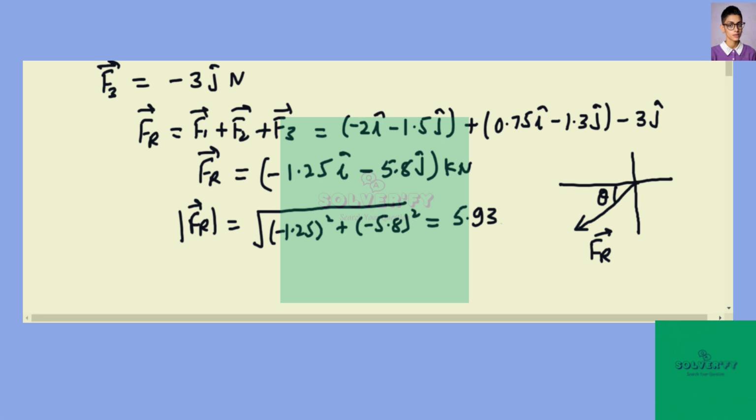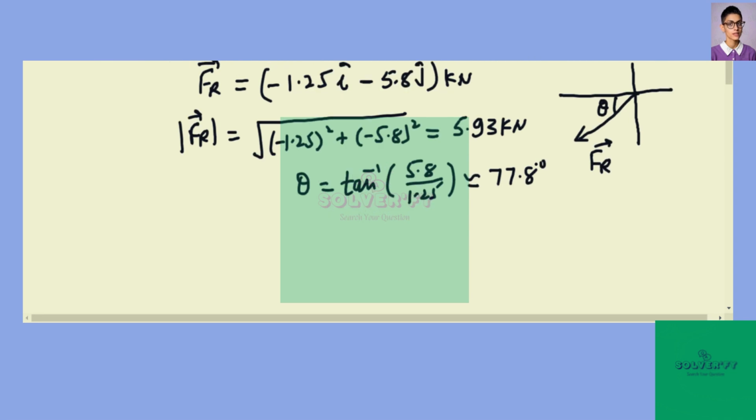And the angle theta you can measure. Direction I have already drawn, so theta will be tan inverse of 5.8 divided by 1.25. This angle is approximately 77.8 degrees.